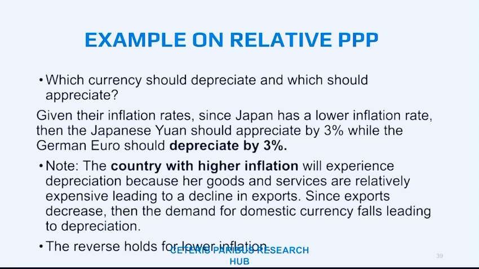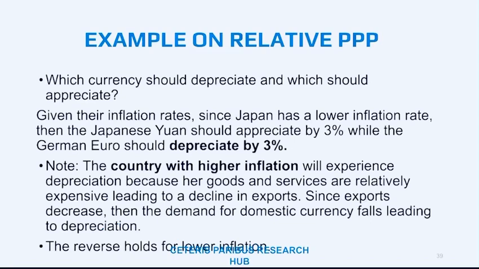If you look at that question, the Japan inflation rate was 2%, while that of Germany was 5%. So it simply means a 3% difference. Since Japan has a lower inflation, then Japan will see an appreciation of its currency by 3%.